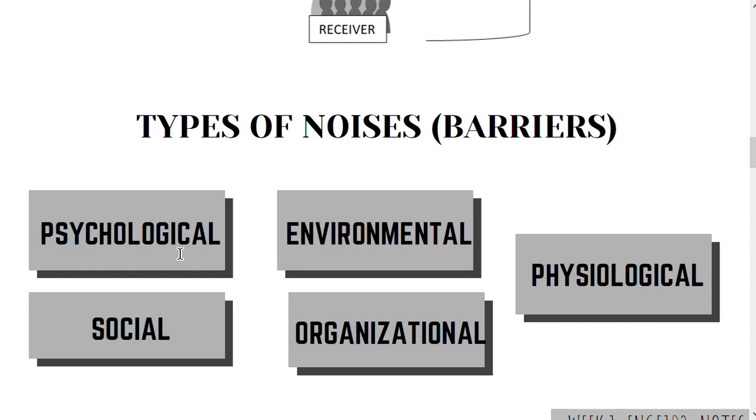Social can be your prejudice or bias toward the audience, or even the audience's toward the speaker. Organization: when you have a very poor organizational structure, that could create miscommunication. You argue a lot because you couldn't actually understand. Physiological could be when you're feeling hungry or sick, and you cannot understand the message and whatnot. So these are the types of noises.